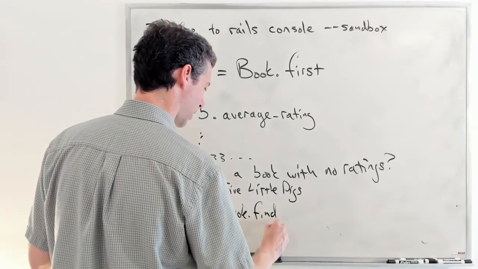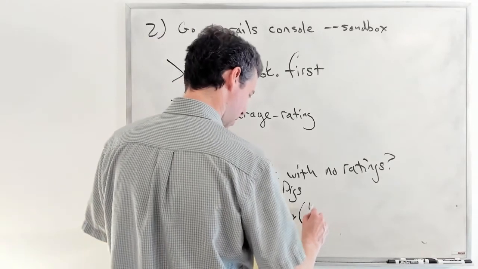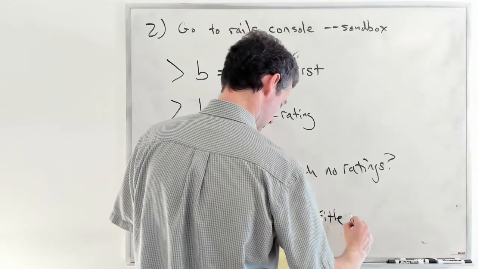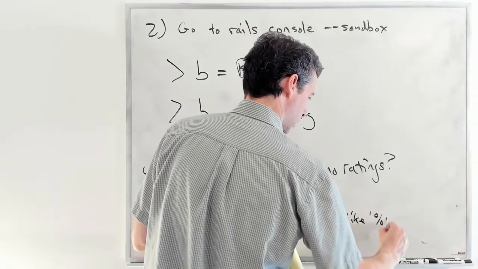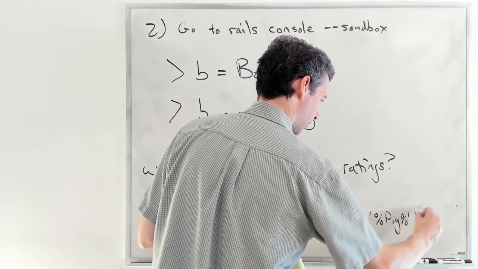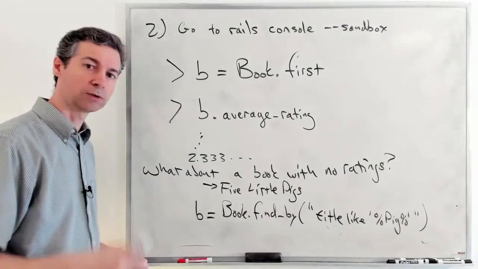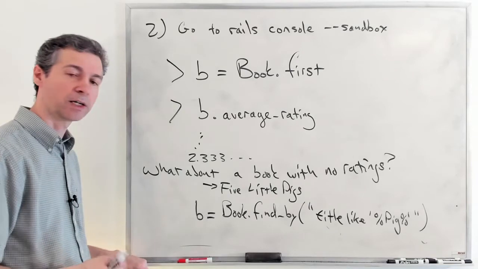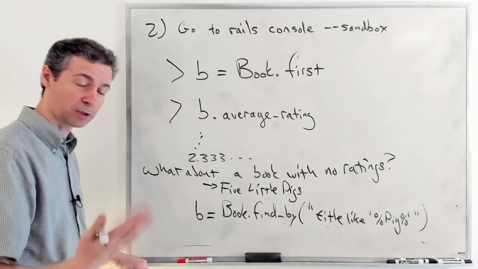You could write code directly here in the console, because you can run any real code. And so you could go find by title like pig. And you'll see it run the SQL code, return that book, and you could verify in B that you have the 5 Little Pigs book.